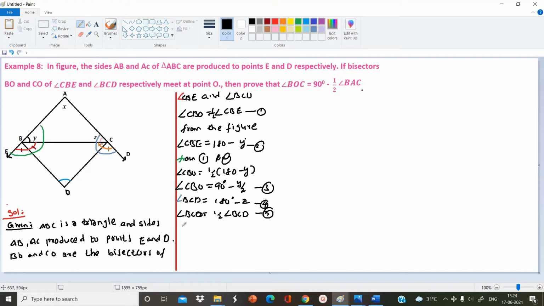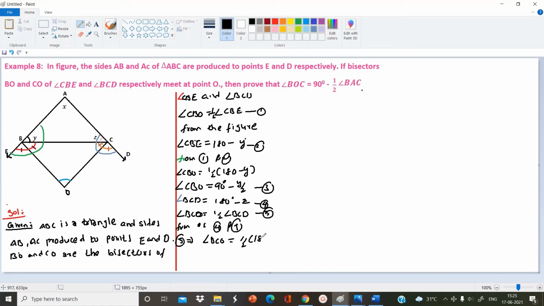So now from equations 4 and 5 we can write angle BCO equals half into angle BCD.